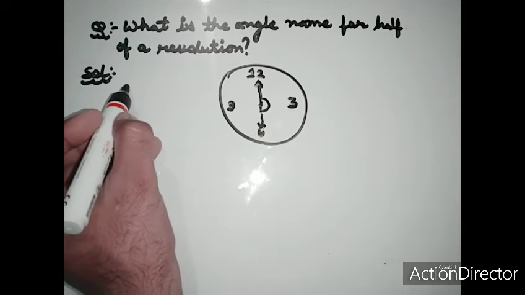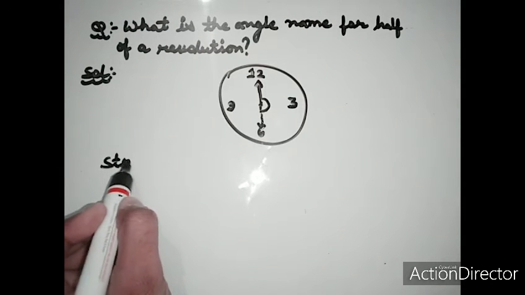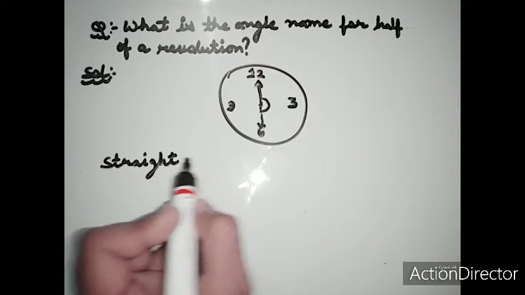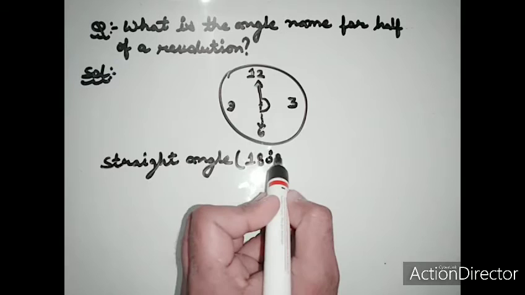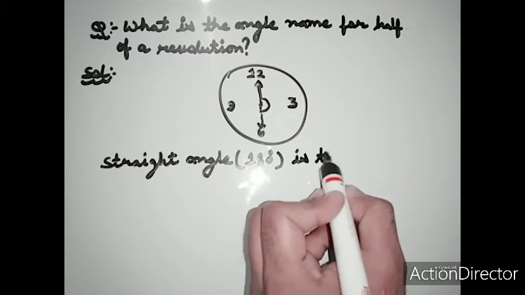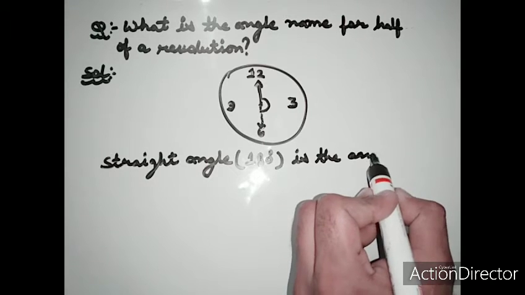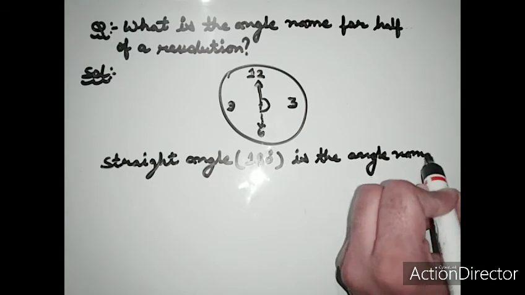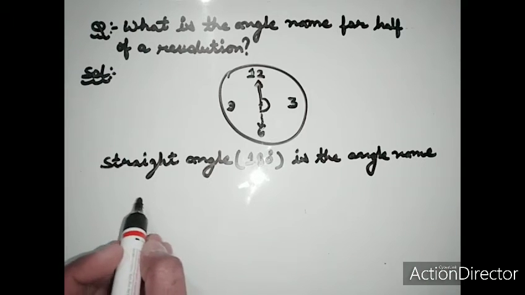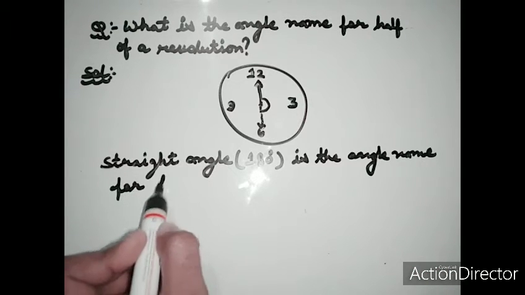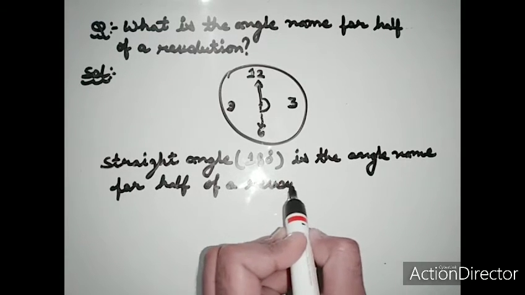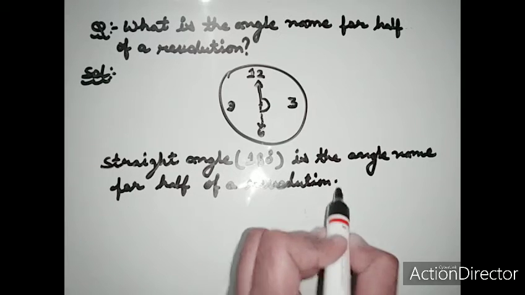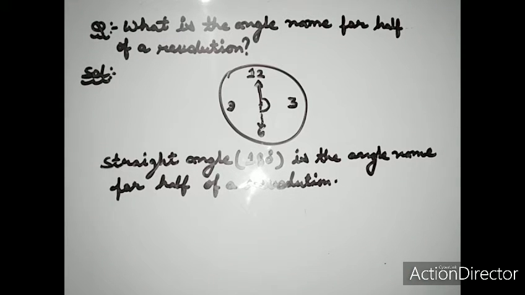So here we say that straight angle, and in brackets we write 180 degrees, is the angle name for half of a revolution, right? A straight angle 180 degrees is the angle name for half of a revolution.